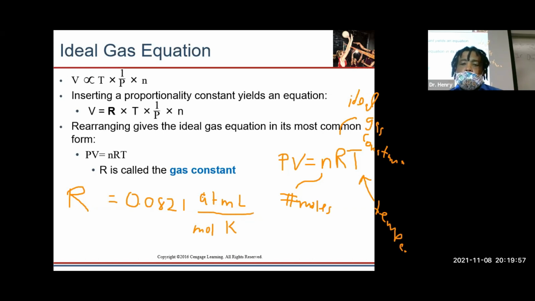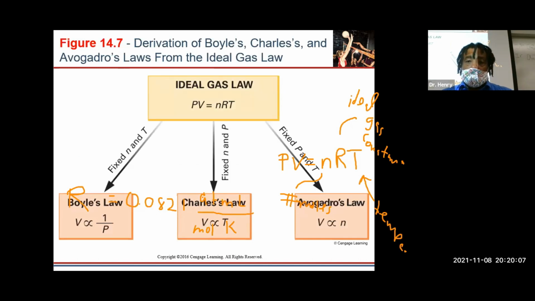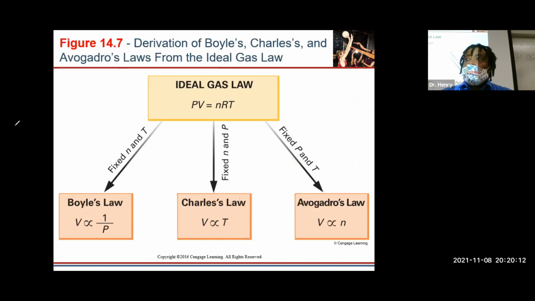Okay. So the ideal gas constant kind of gets us to all of the different gas laws, right? So Boyle's law says that if we have a fixed number of moles and temperature, so basically these are all going to be a constant, moles and temperature, so now that's just a K, then we have pressure being inversely proportional to volume.